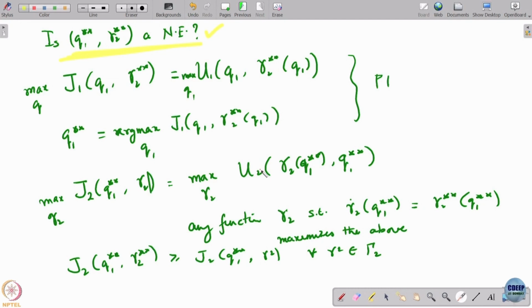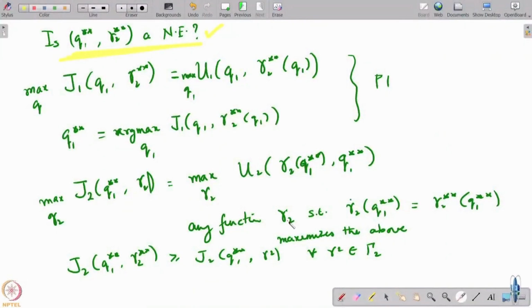I took a gamma 2 which is not optimal for 90, it is optimal for 100 but not optimal for 90. The question is then, will that gamma 2 and q1 star star, which is 100, still be a Nash equilibrium? No. Exactly.